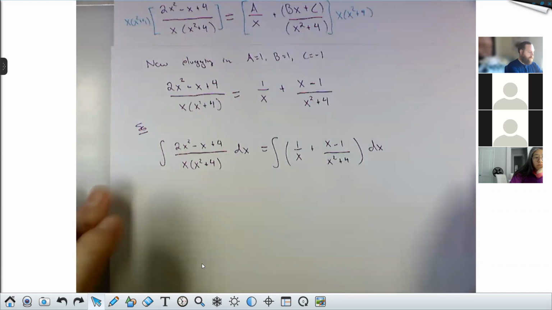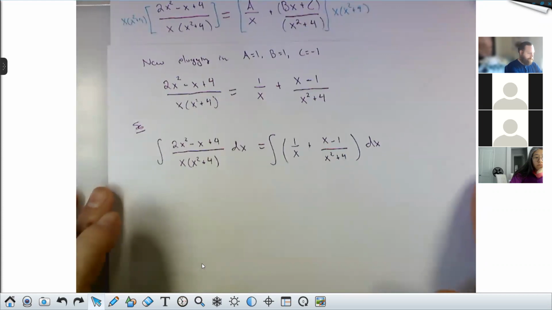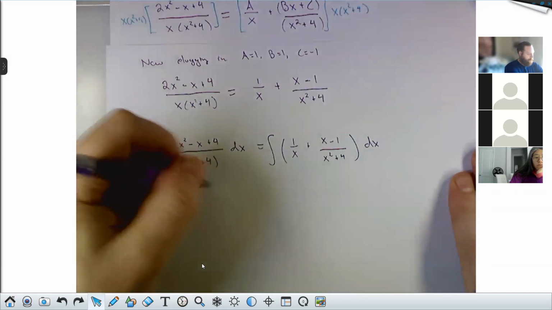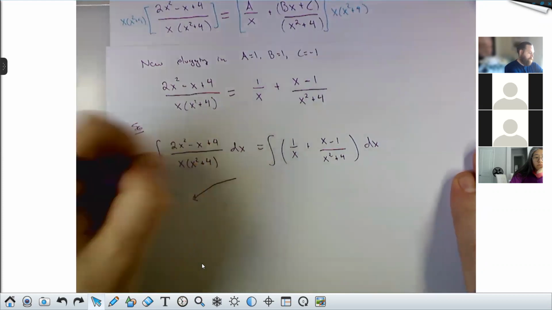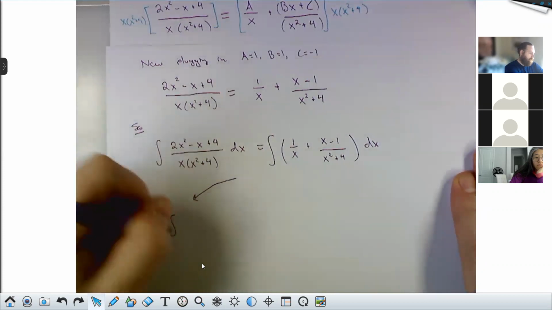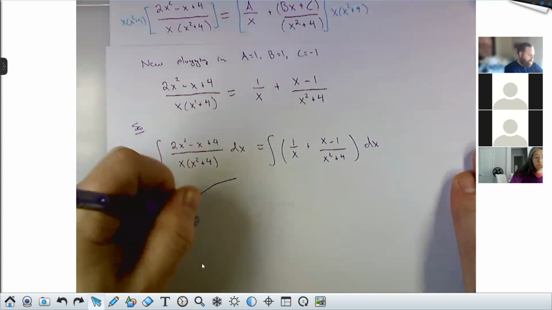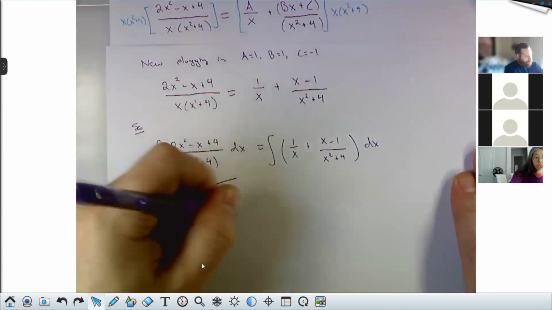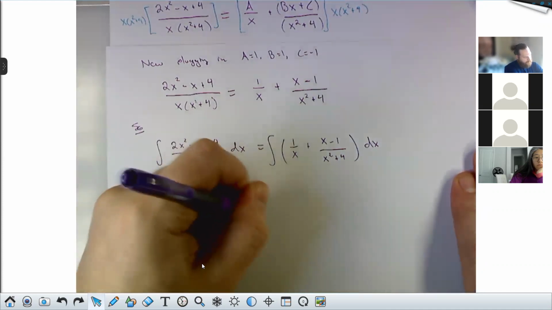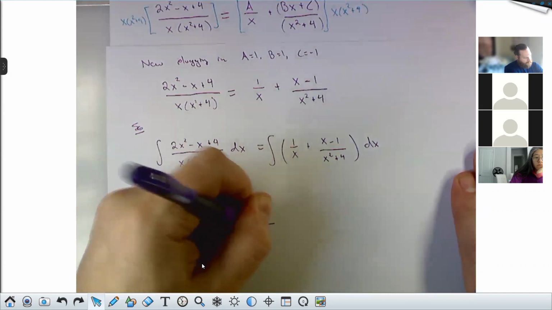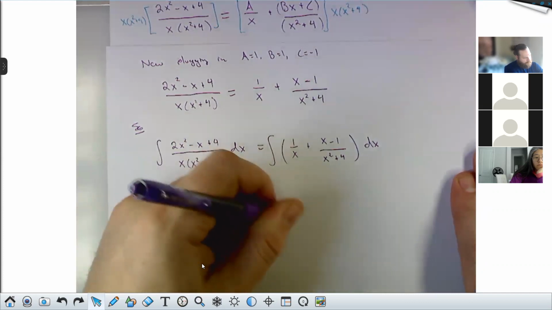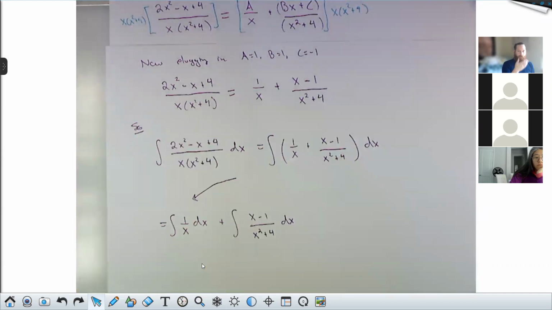And the function on the right is not terribly hard to integrate. I can certainly split this up as the integral of 1 over x dx plus the integral of (x minus 1) over (x squared plus 4) dx. The 1 over x integral is easy. How do I do the (x minus 1) over (x squared plus 4) integral?